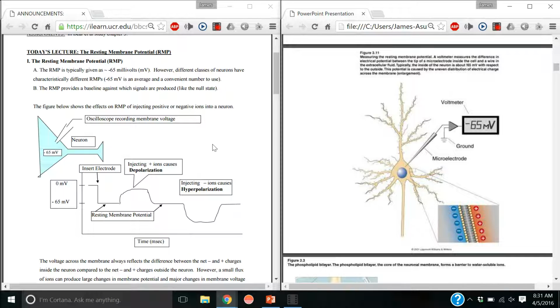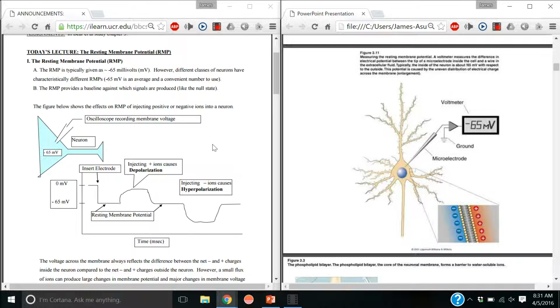So what about repolarization? So from here to here, basically is the time during which positive ions are being injected at a relatively constant rate. It takes a little bit of time for reasons I'm not going to explain in this course.